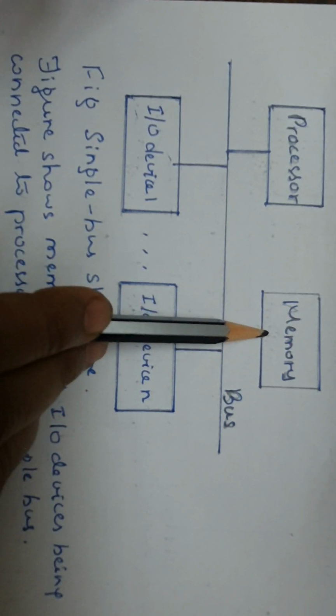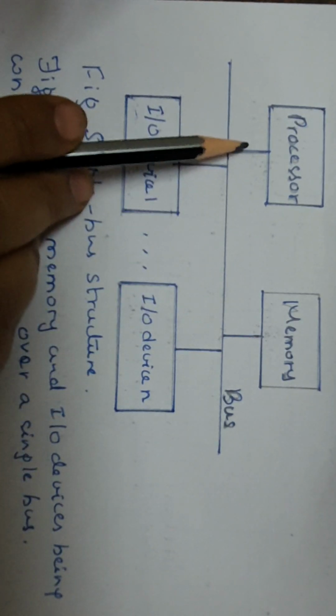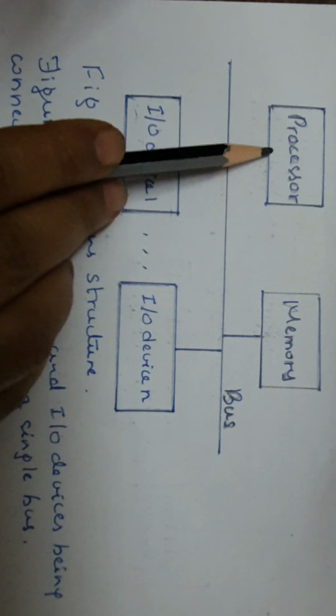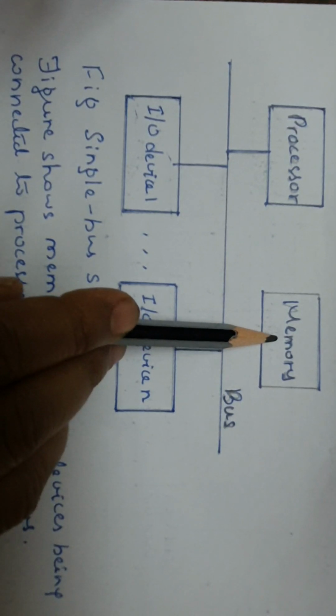In a read operation, that IO device will give the data and the processor will read that data. When the processor wants a write operation, it sends the data over data lines to that memory location where the IO device is connected.